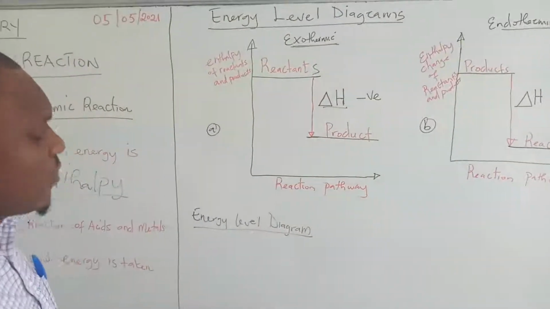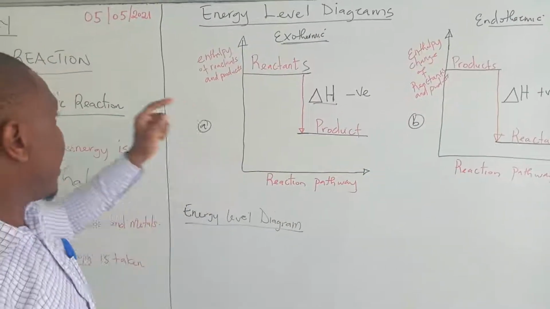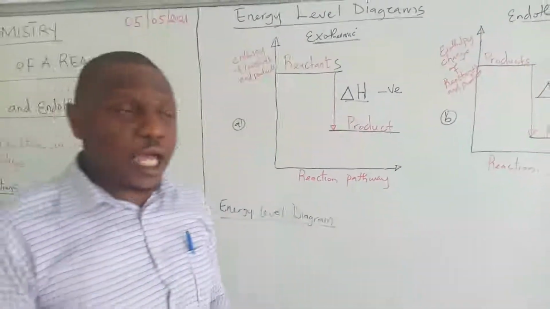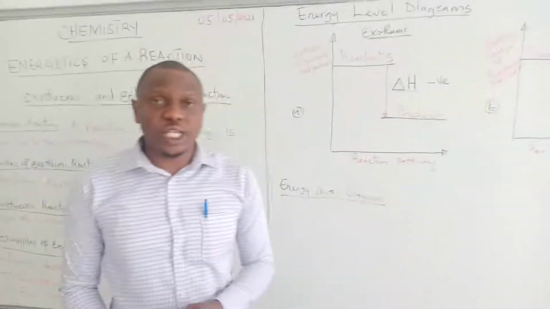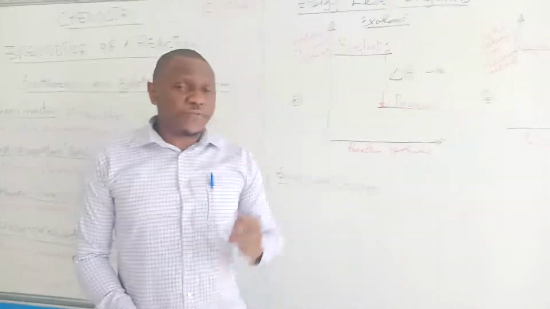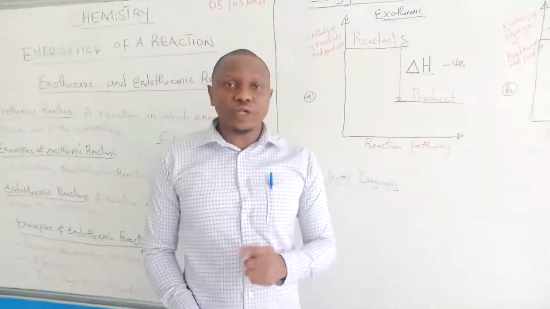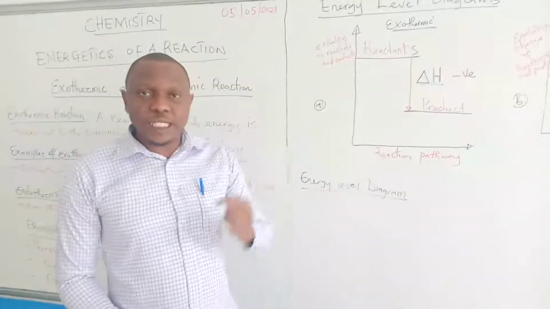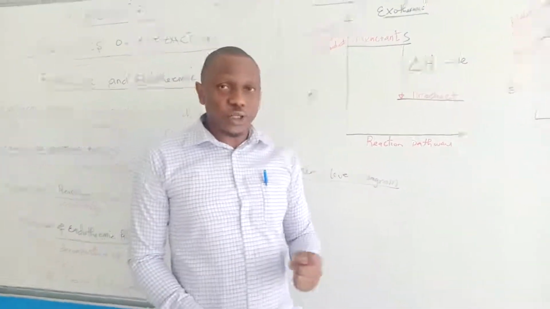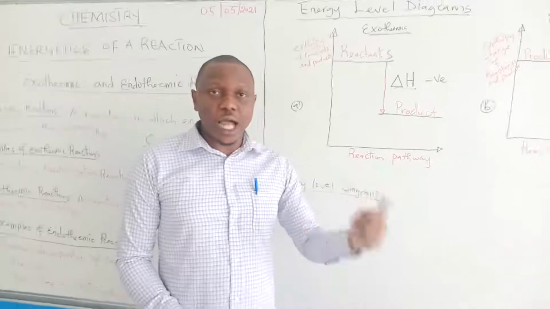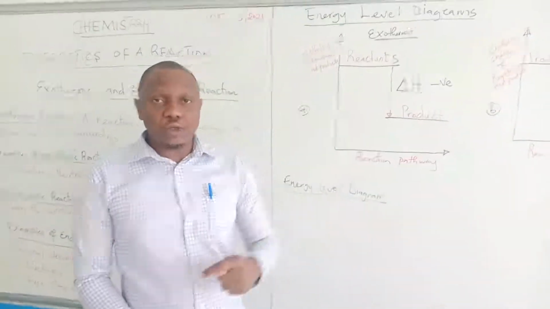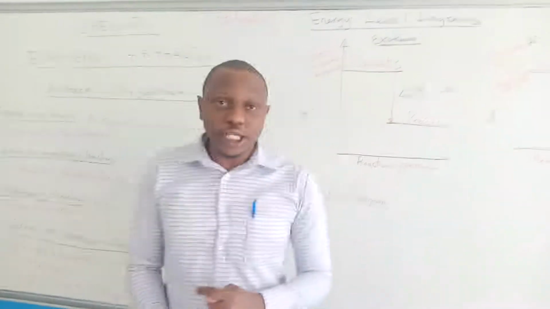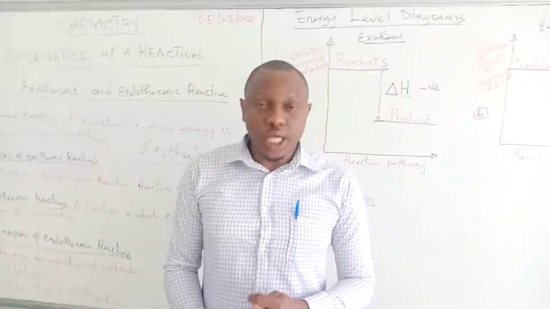Looking at the differences between exothermic and endothermic reaction, the first difference is that under exothermic reaction, heat is being sent out, and under endothermic reaction, heat is being taken in.